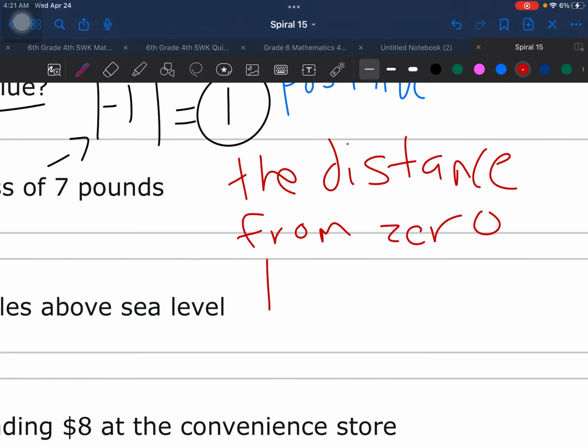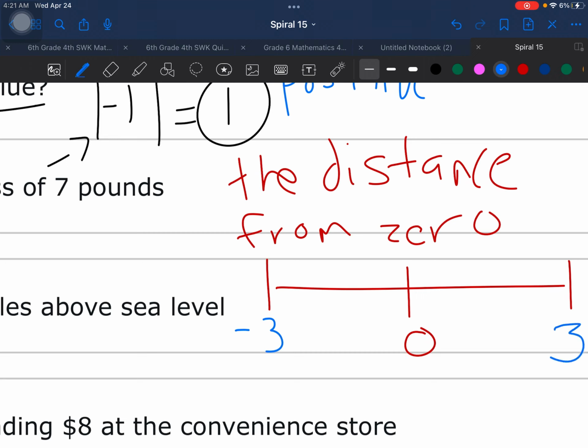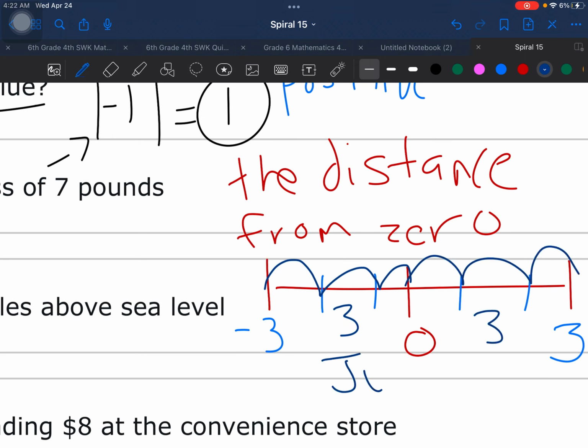So to say, let's say this is -3 and this is +3. So how many jumps would it take to get to 0 from -3? 1, 2, 3. How many jumps would it take to get from 3 to 0? 1, 2, 3. 3 jumps.